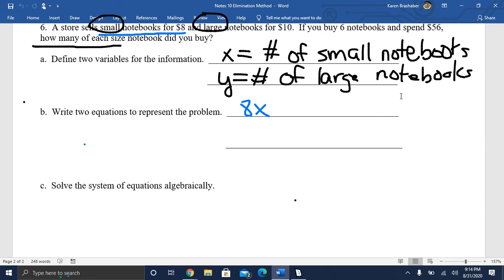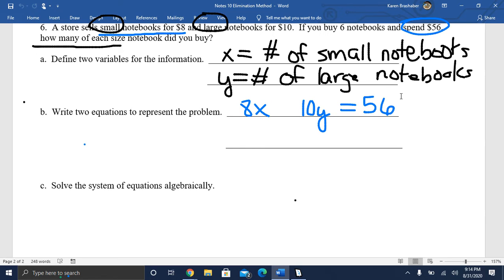And then it's $10 for every large notebook that's spent. So I'm going to put that together. And the other money amount listed in the problem is that $56 was spent. So I'm going to put equals 56.